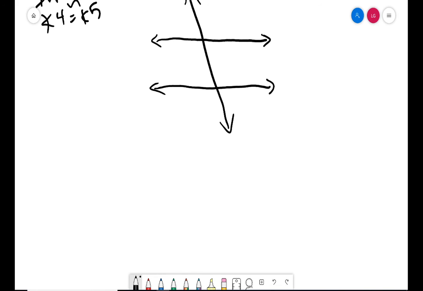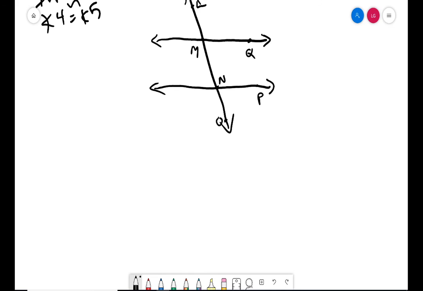Let's label some. That'll be L. This is M. This is Q. This will just be so we can talk about angles easier, like which ones we're talking about.